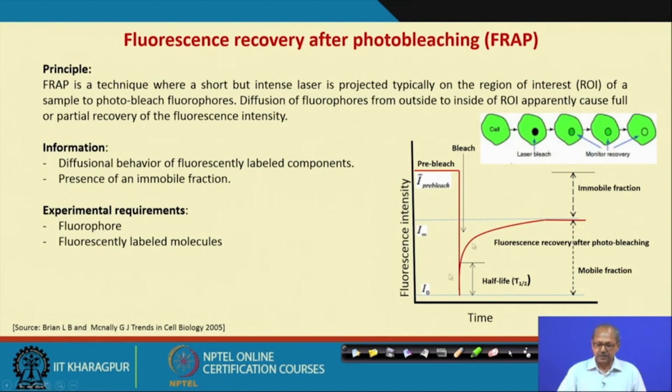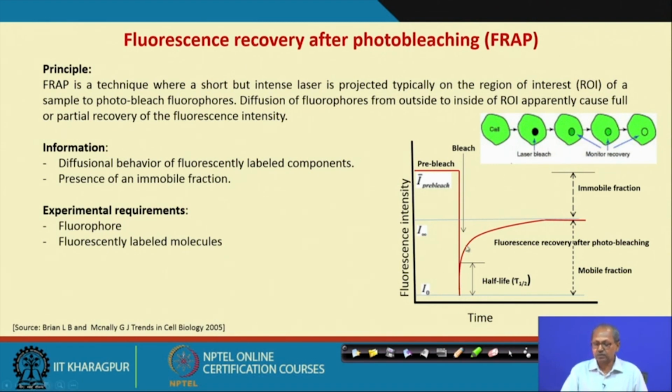This is plotted in this way: the y axis is fluorescence intensity, the x axis is time. The previous intensity is I prime, the pre-bleach intensity. When you bleach the region of interest, the fluorescent intensity decreases to 0, which we call I 0.